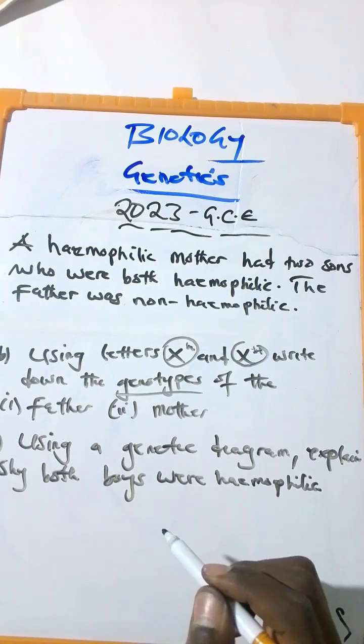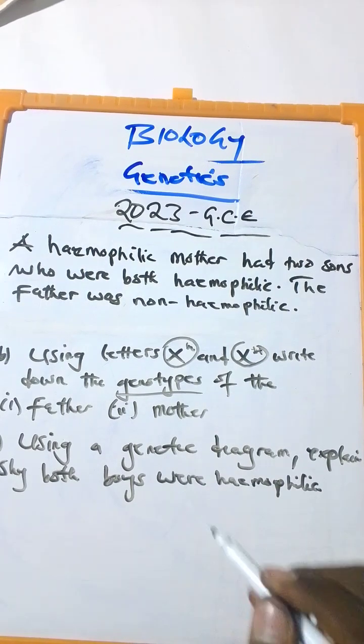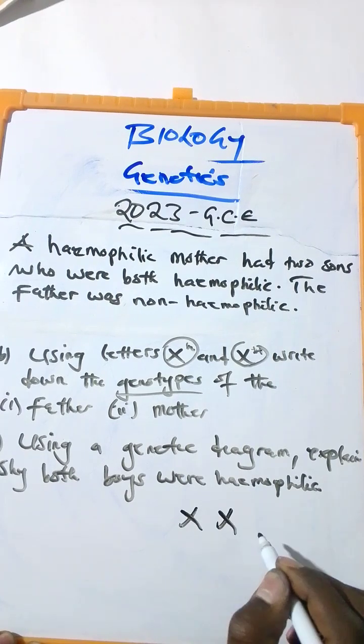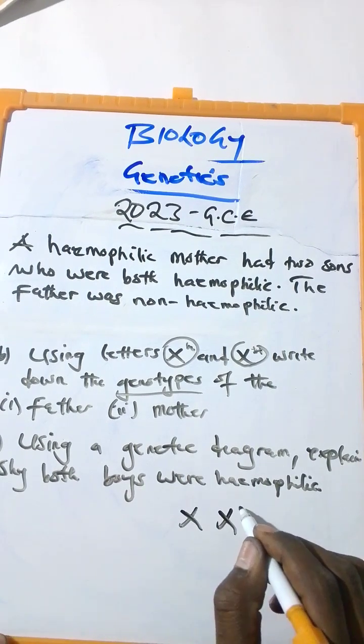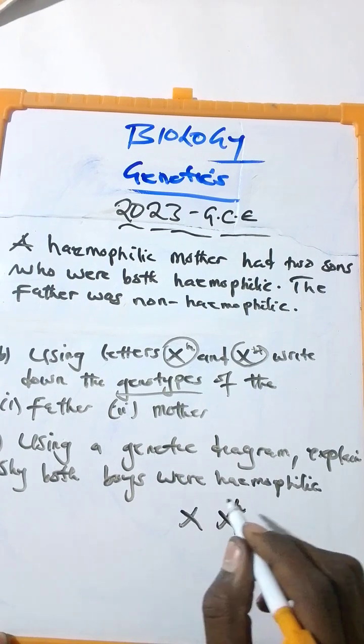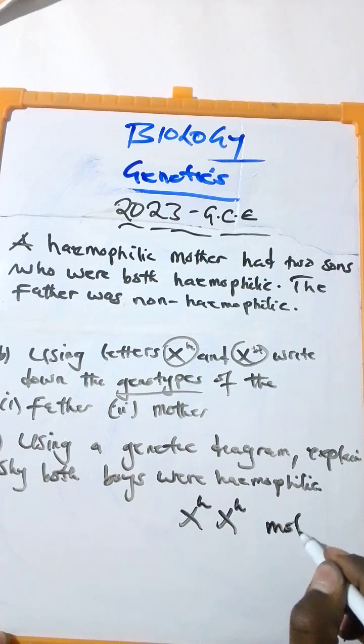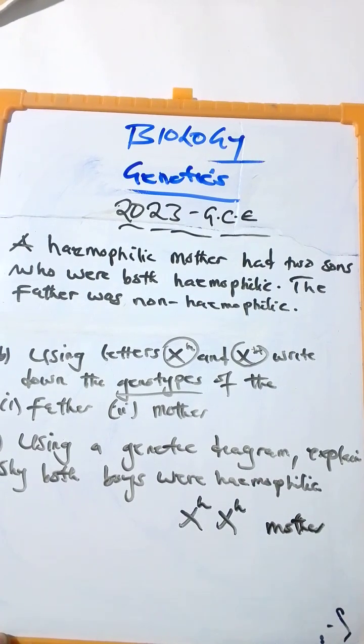when someone is hemophilic, so in this case the mother was hemophilic, so female, they have 2 X. Then since she is hemophilic, you put a small letter and a small letter. So these are the genotypes for the mother.